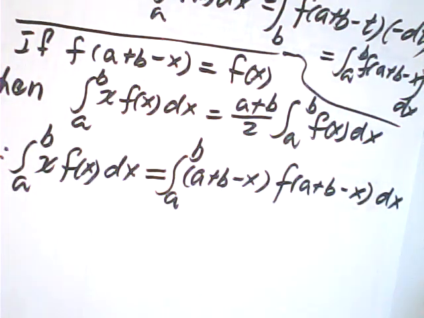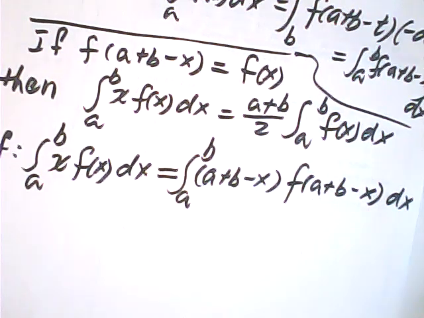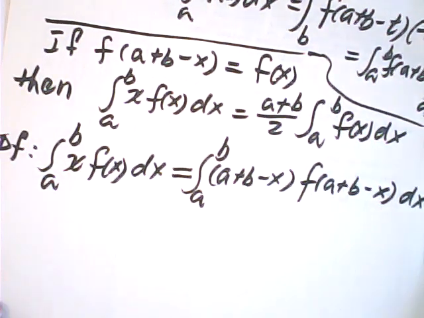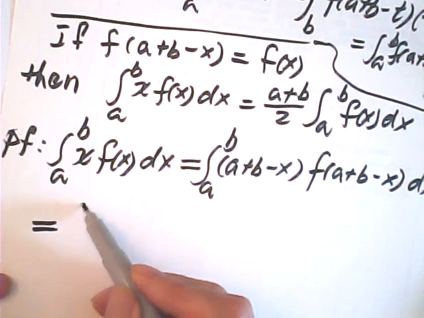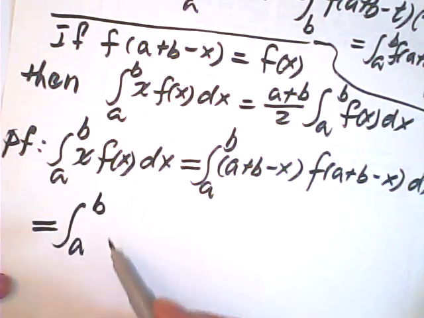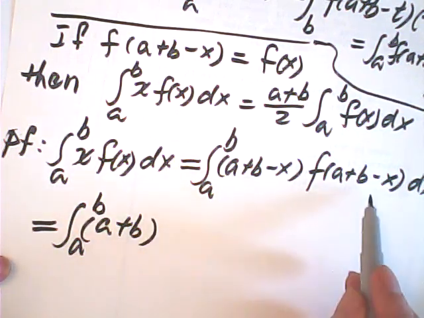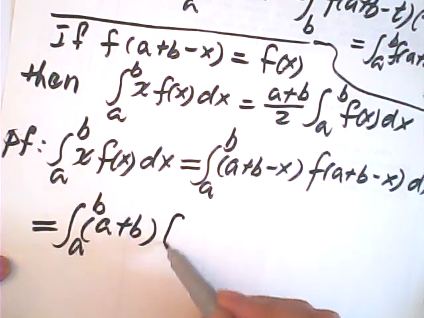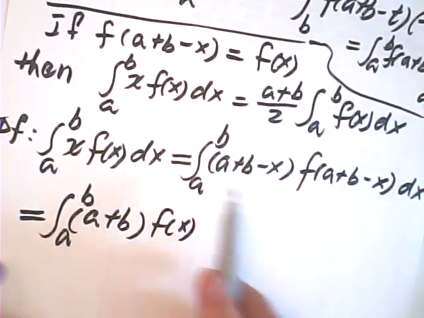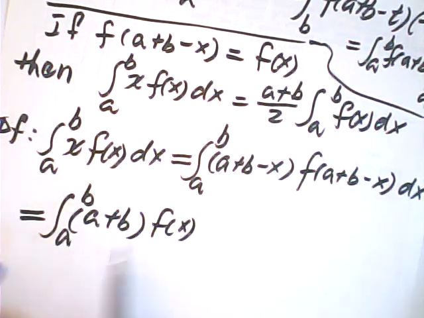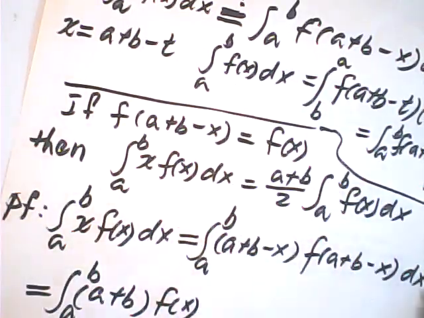Right? Yeah. So this one is equal to the integral from a to b of a plus b times this one. This one is equal to f of x, right? This one times this one is equal to this times this, right? Because this one is equal to this.